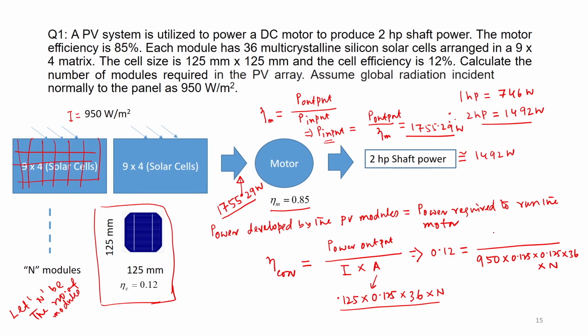So, here the power output, the amount of energy required to run the motor, is equal to 1755.29. If we do the calculation, then n is found to be 27.37, which is equal to 28 numbers.